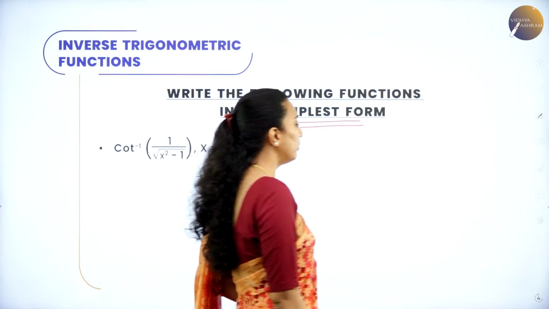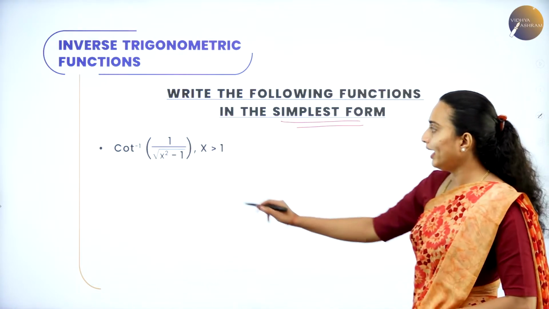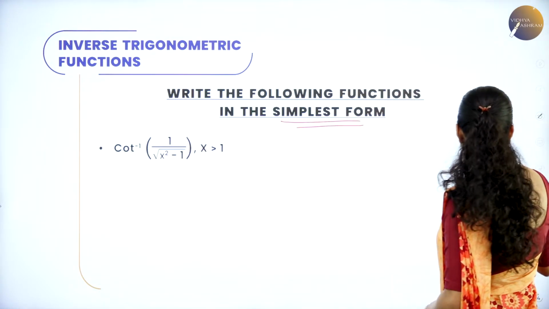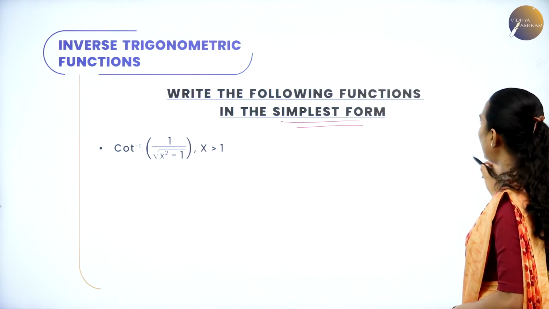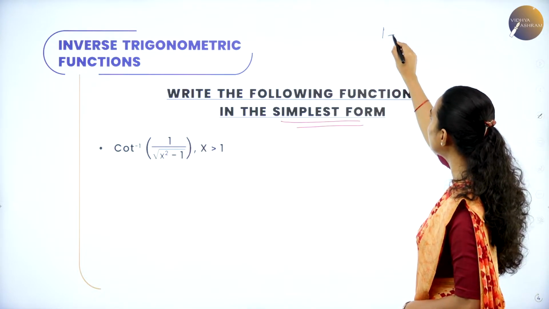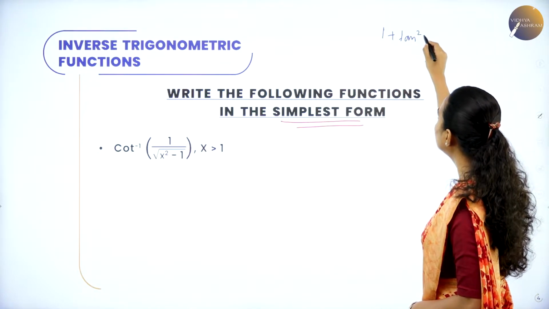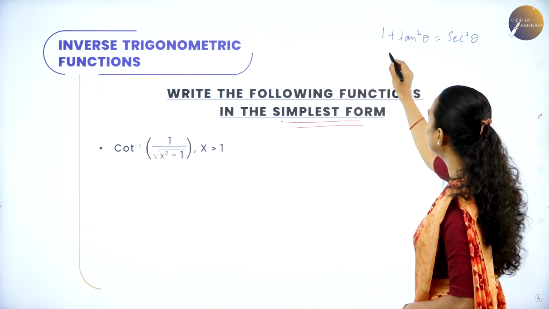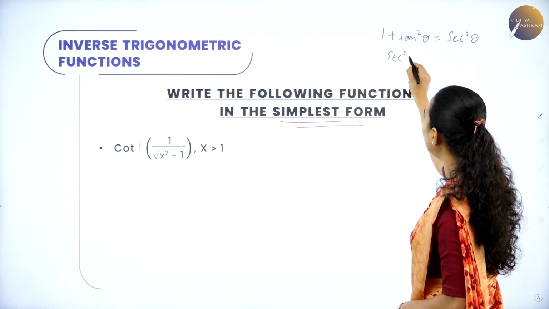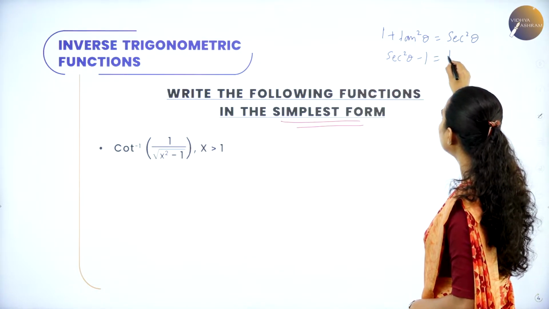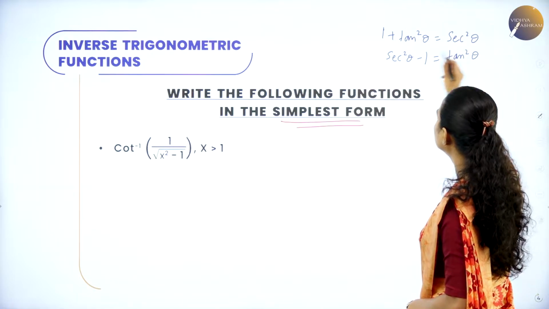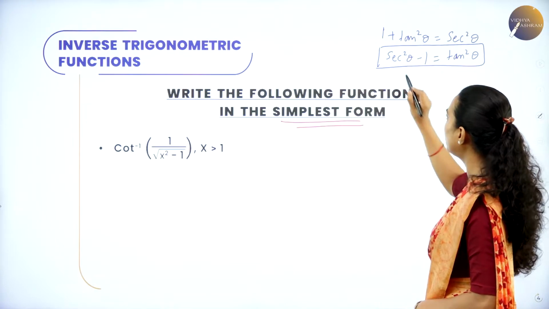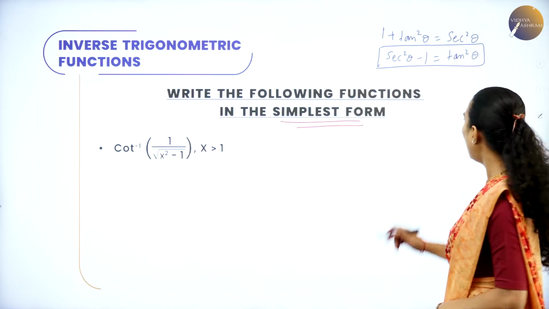I already told you, if it is in the form of x squared minus 1, what substitution do I have to take? You know the formula. I am going to write the formula here: 1 plus tan squared theta is equal to secant squared theta. Correct na? Or I can write it as secant squared theta minus 1 is equal to tan squared theta. Observe, dear students, here it is in the form of x squared minus 1. So, x replaces secant.